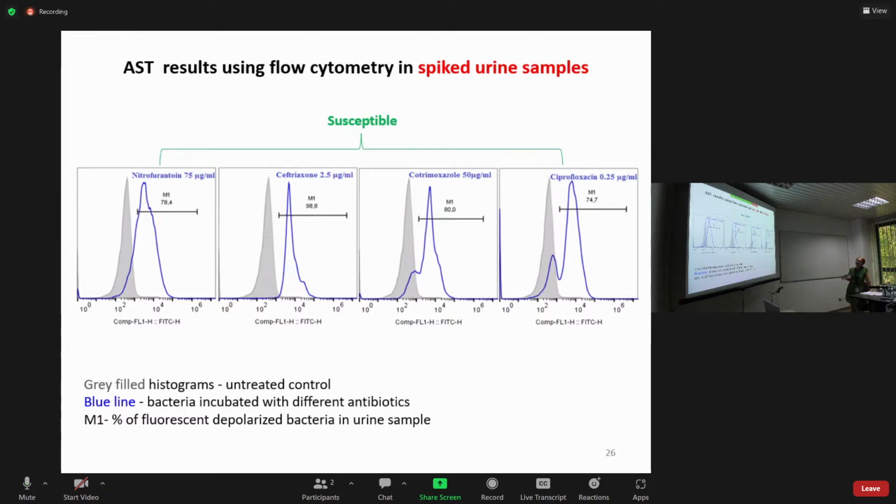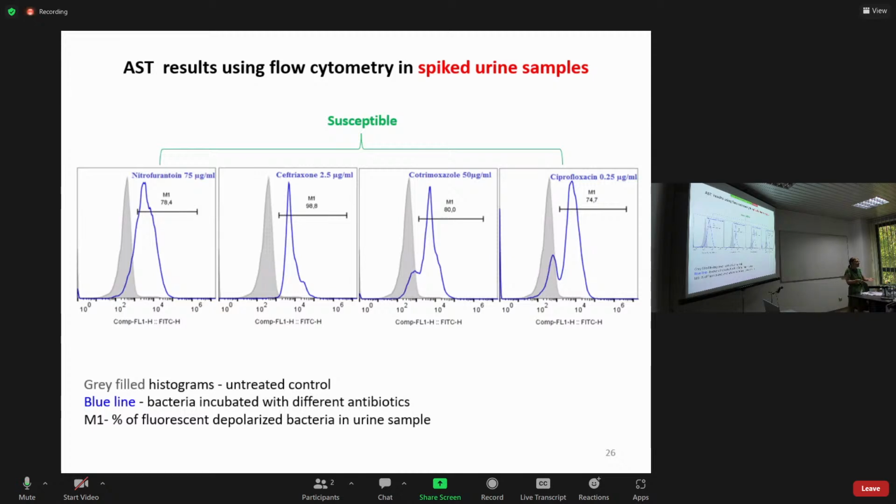And all these antibiotics at different tested concentrations are active on the bacterial cells. So they are affecting the membrane potential. So the fluorescent dye enters the cell and the fluorescence is shifted to the right side. So this is the aspect of a population which is susceptible to all tested antibiotics.